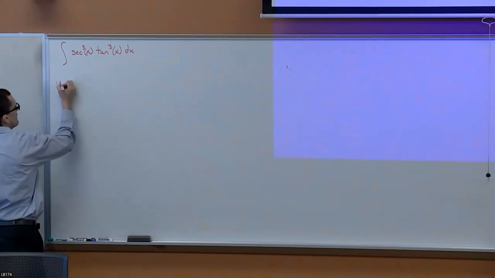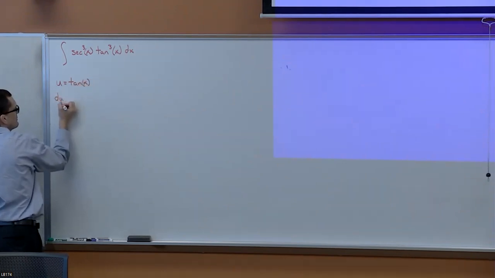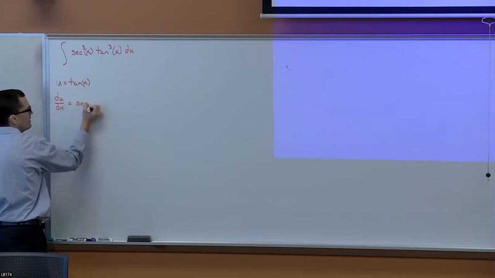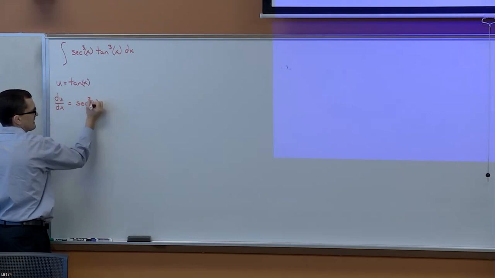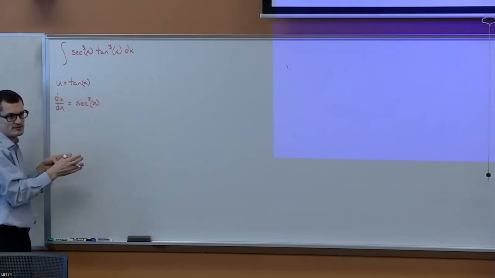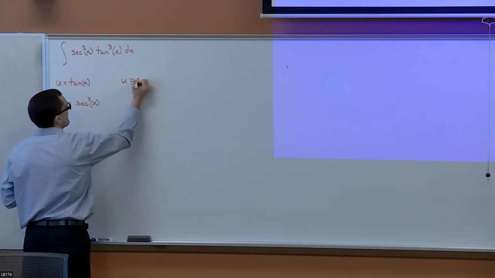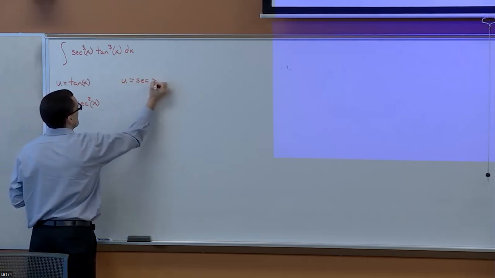One option is to let my u be tangent. If I do that, when you take a derivative of tangent, you get secant squared. So I'd have to peel off the secant squared. And all the tangents could be gotten rid of. The other option is a secant.